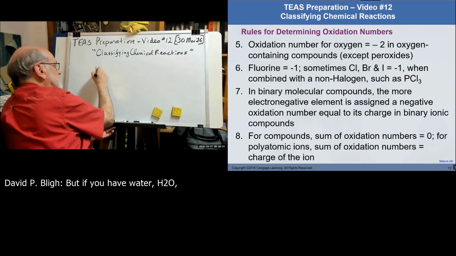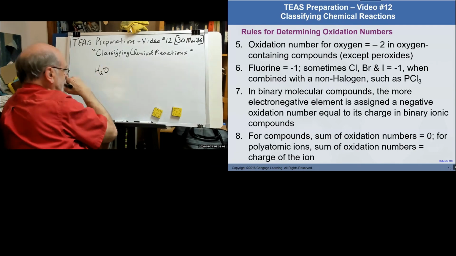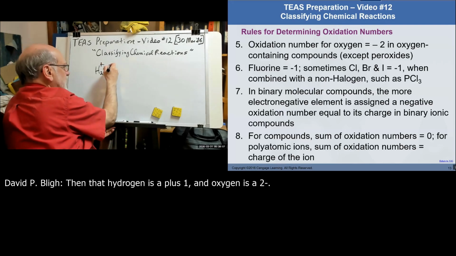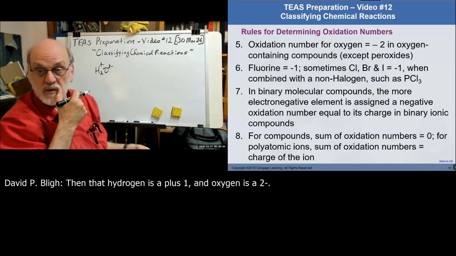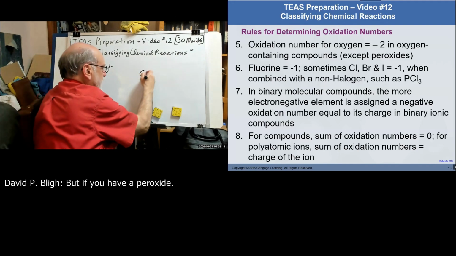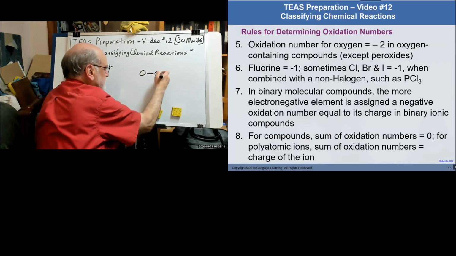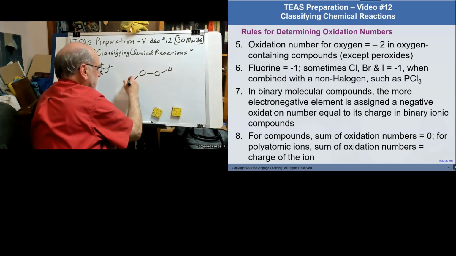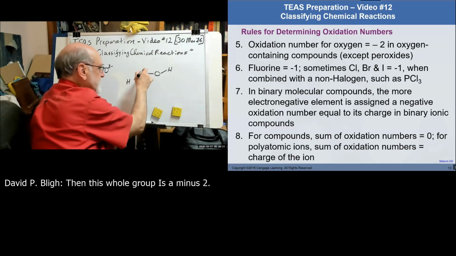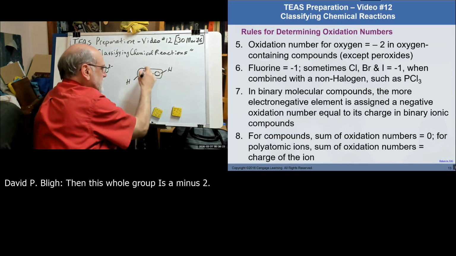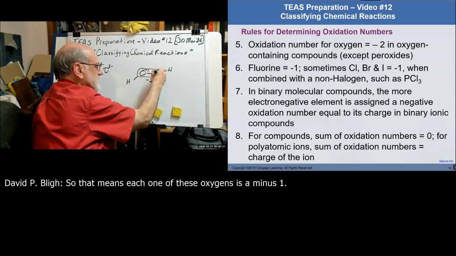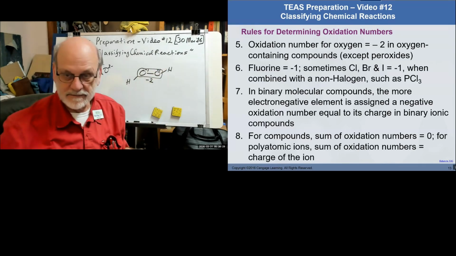If you have water, H2O, then that hydrogen is a +1 and oxygen is a 2-. But if you have a peroxide, like that, hydrogen peroxide, then this whole group is a -2. So that means each one of these oxygens is a -1.